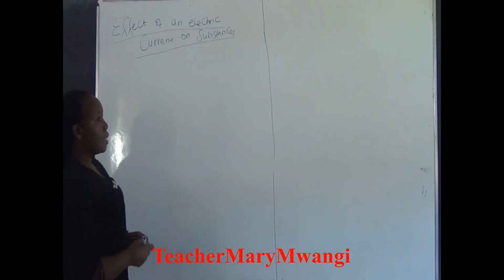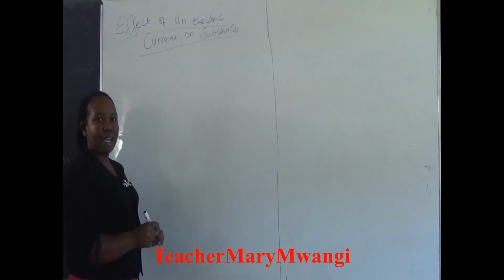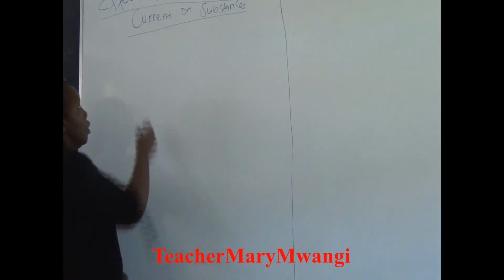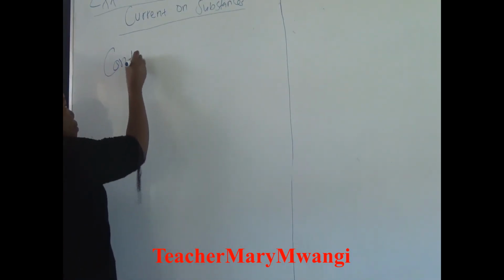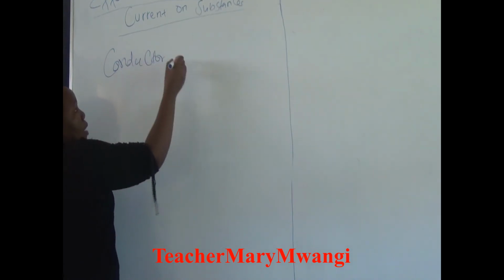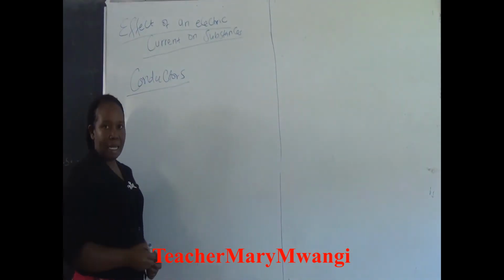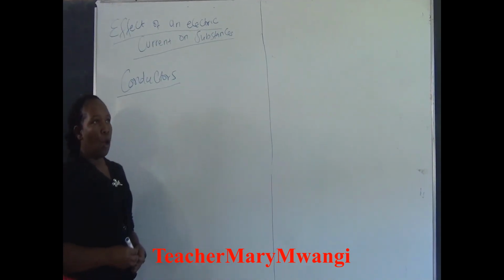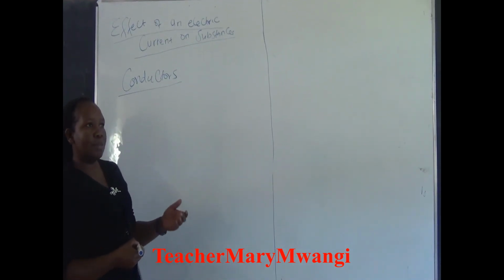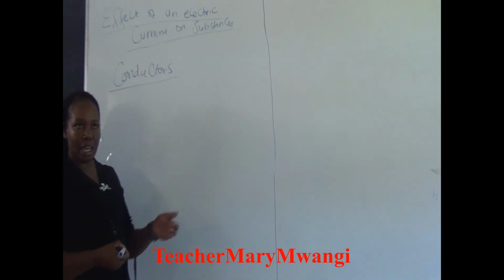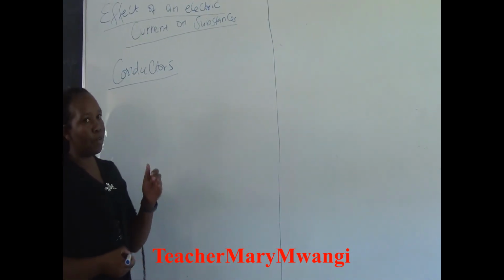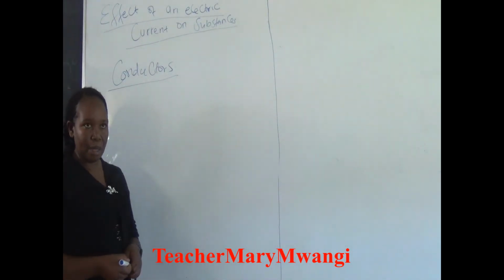Now, the conductors, some of them are better conductors than others. What makes a solid substance a better conductor than the other? It is the number of delocalized electrons in that substance.